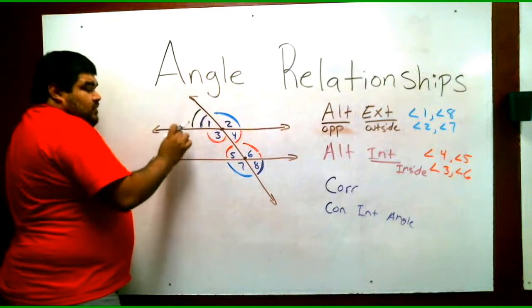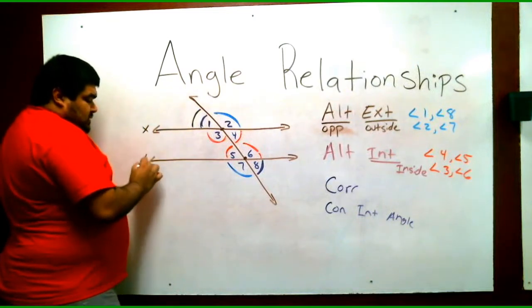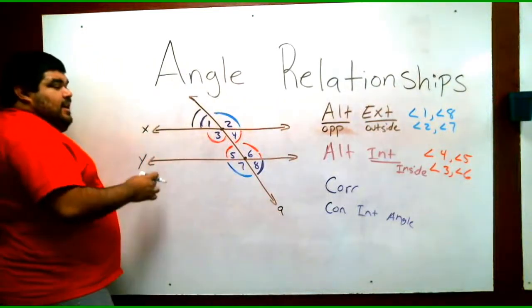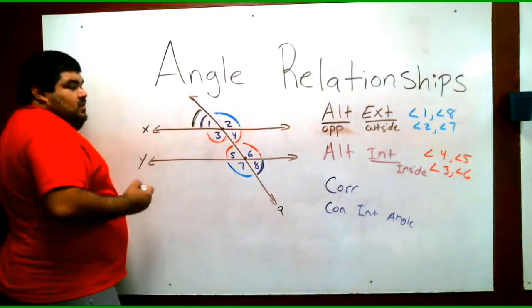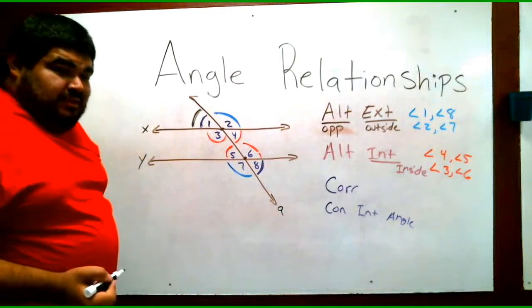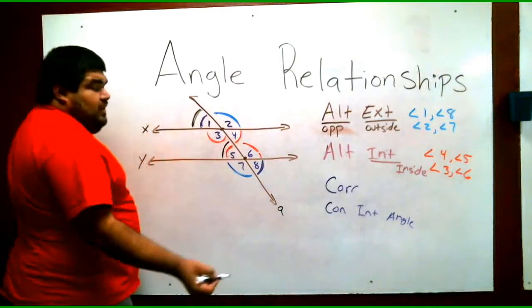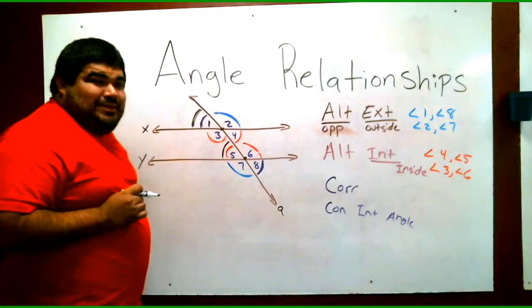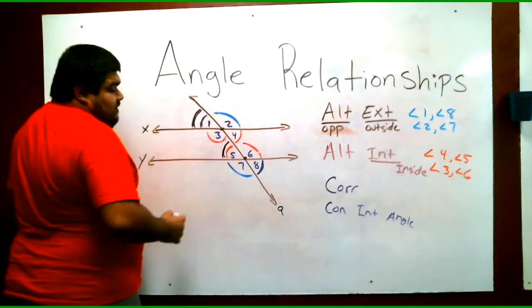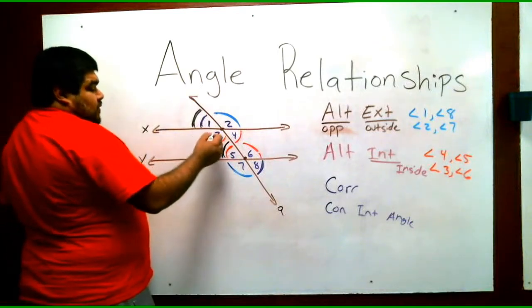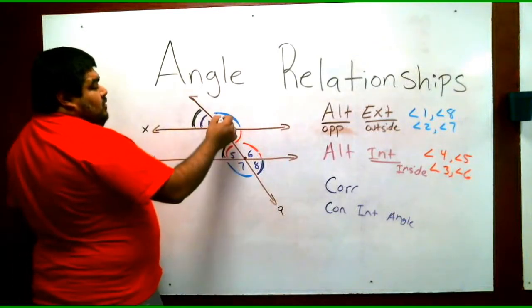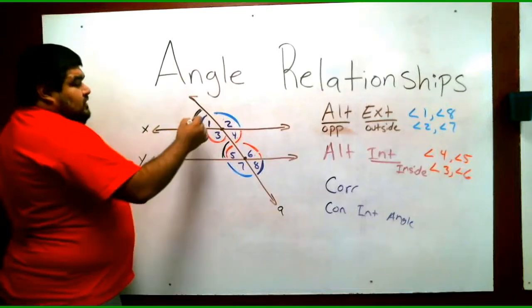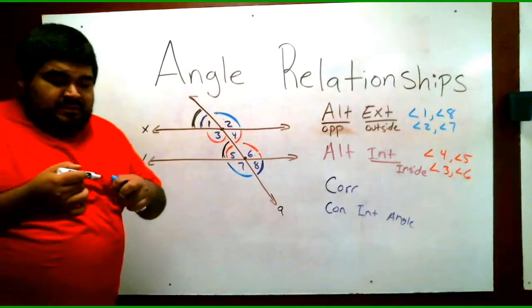If lines X and Y are parallel, and line A crosses them, we can say that angle 1 has the same exact measurement as angle 5. Because the lines are parallel, the transversal cuts perfectly symmetrically, so angle 1 and angle 5 are corresponding. You can say angle 3 and 7 are also corresponding, 2 and 6, or 4 and 8. So there are a lot of possibilities. Just keep in mind, they have to equal the same amount. Think of congruent. They're congruent angles.